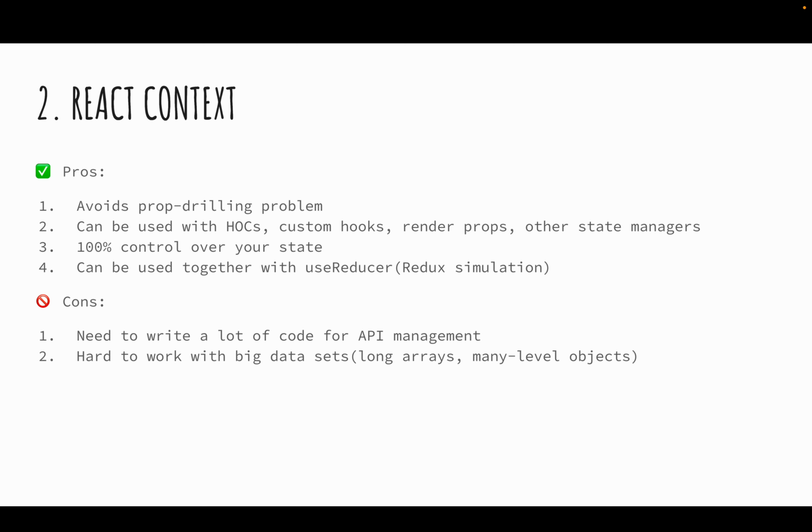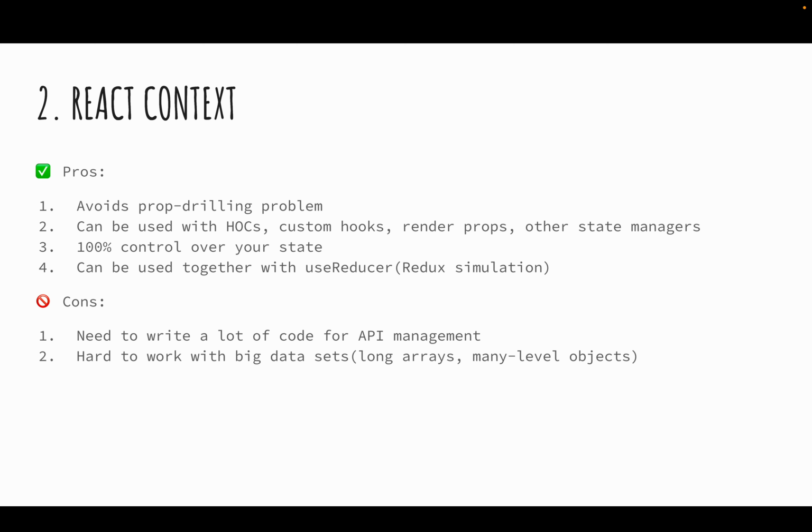It can also be used together with hooks, custom hooks, render props, and other state managers, for example with Redux or with Apollo. And again, you have 100% control over your state, and you can use context also with useReducer, and useReducer is like a mimic of Redux.